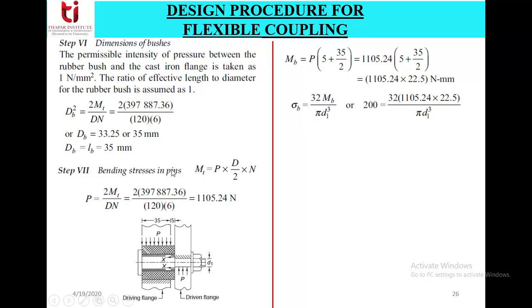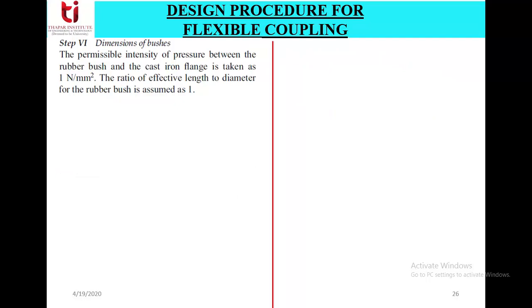We have already seen what is the bending strength for the pin. The pin is made up of 40C8 material having a tensile strength of 400 megapascal. Since it is a pin, sigma b is 200 megapascal. I think we have done the calculation at the beginning. Let us have a look back.